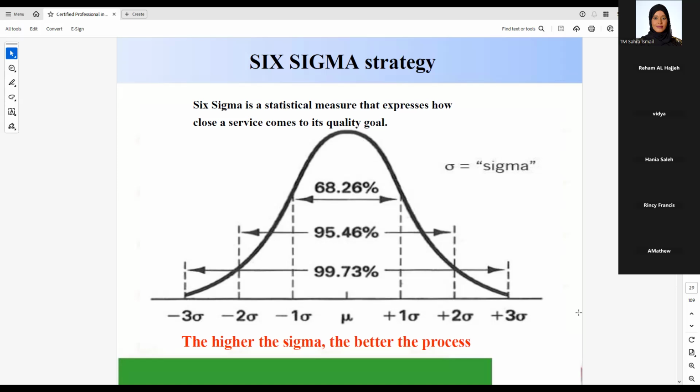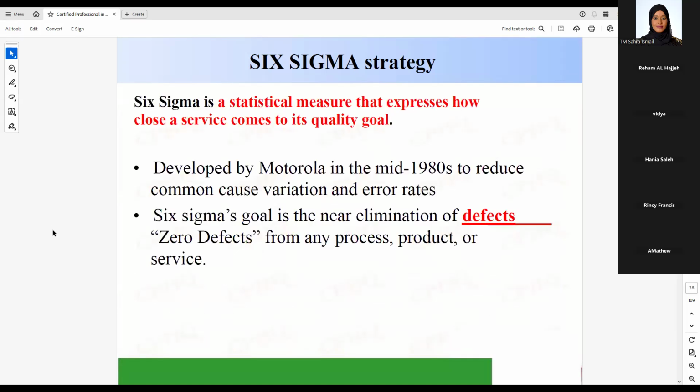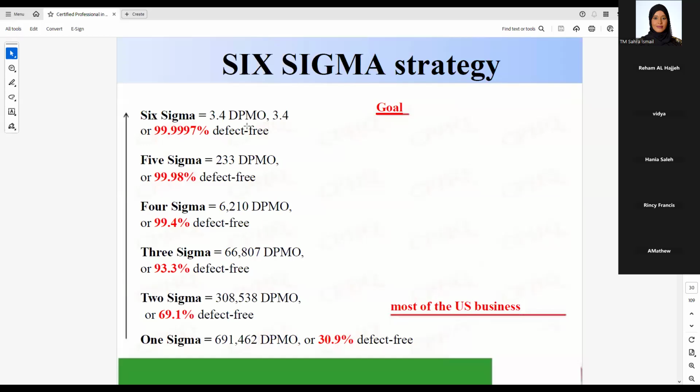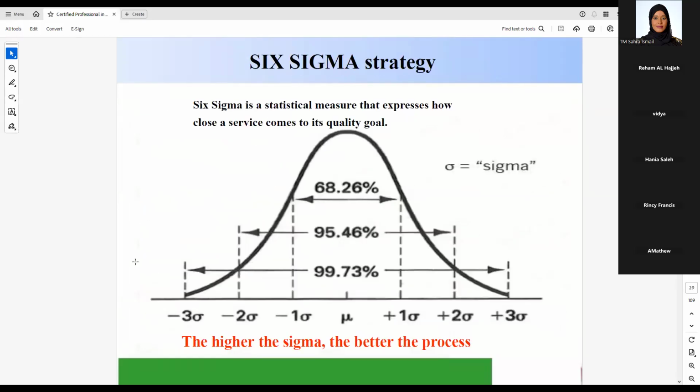It's a statistical measure, so it will have the same elements, as it is part of your control charts, your measures and stuff like that. So it is exactly the same, but when you talk about Six Sigma, the only thing is that it focuses on the defects per million opportunities. So I'm not focusing on the compliance part. I'm focusing on how many defects or non-compliances I'm having per million opportunity.